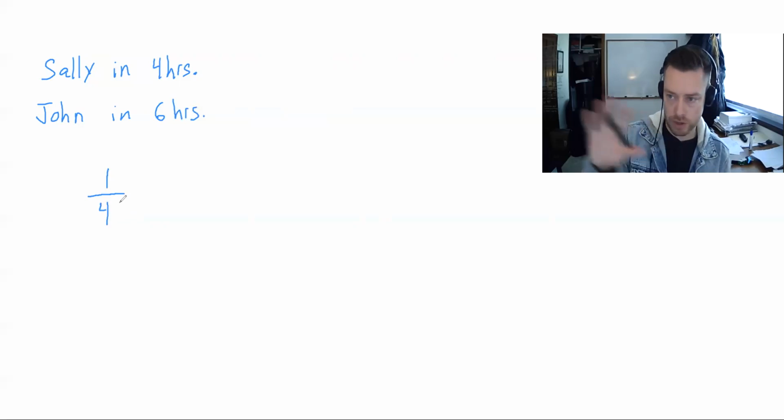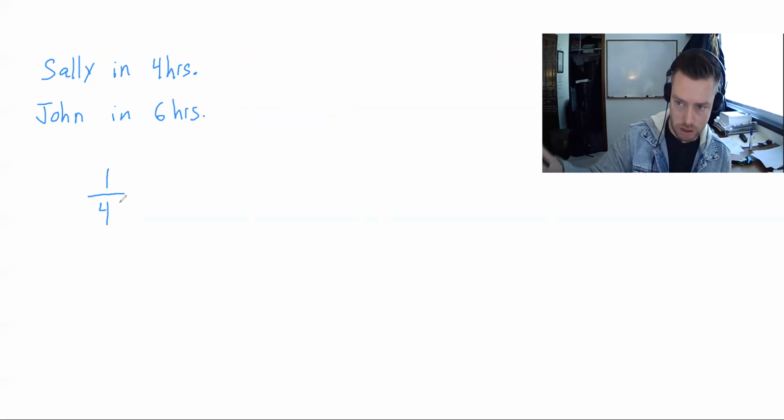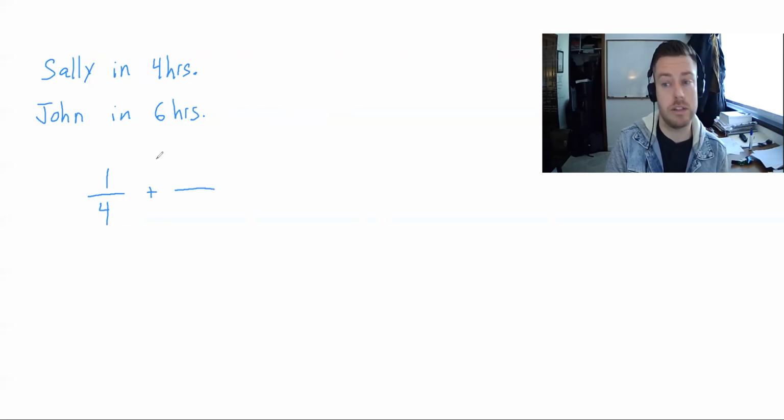I'm going to disregard the units right now; I think you understand it. Remember that the two of them are working together, and you want to figure out how fast they can do it together. Together means addition, right? Because you want to sum them up. So this is Sally's time. And if we do the same thing with John, John can paint one house in 6 hours.